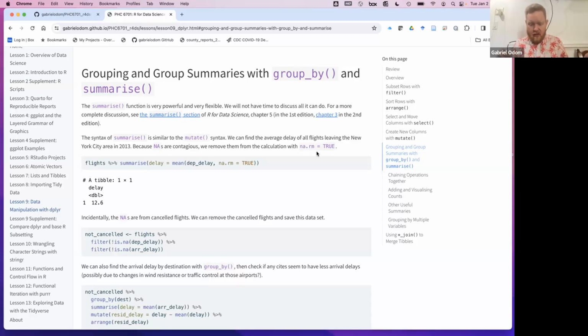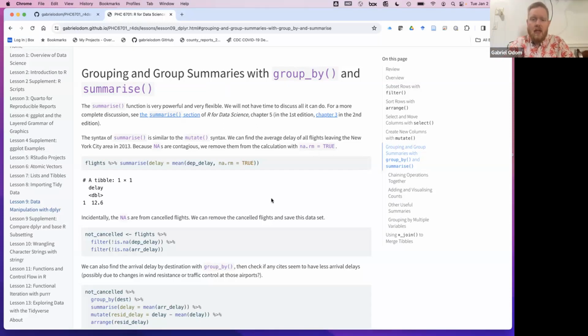This is the as-the-crow-flies distance, the distance on the ground, even though the plane is going up and down through the air. The distance across the ground was this much, it took this many minutes to travel, so therefore we could find an estimate of the miles per hour. So that's our mutate command, and that allows us to create new columns.